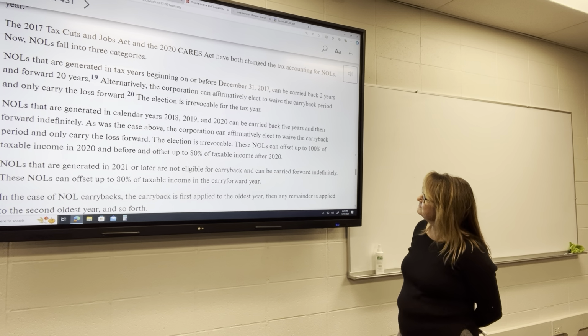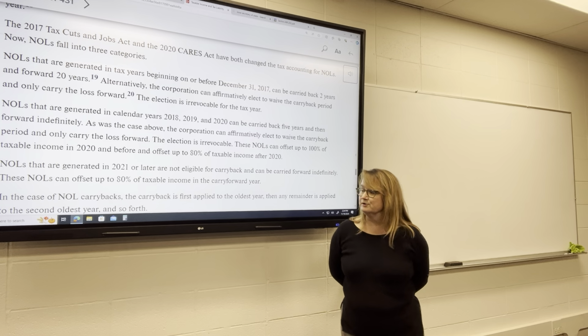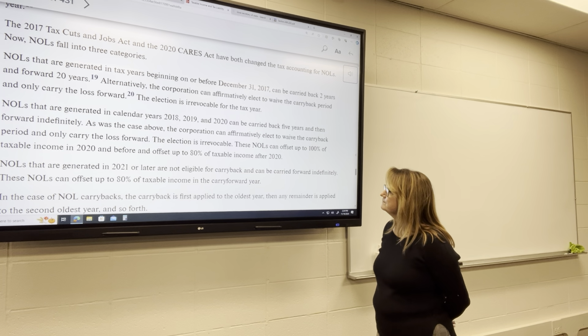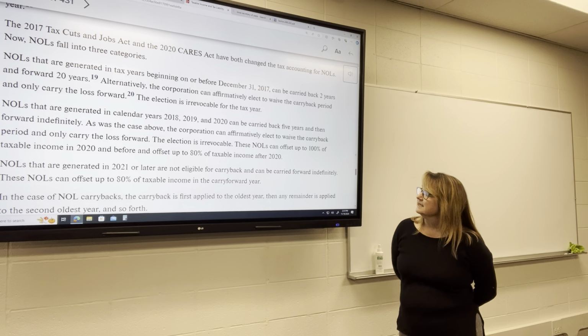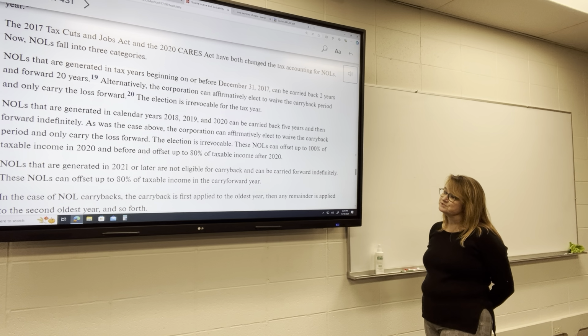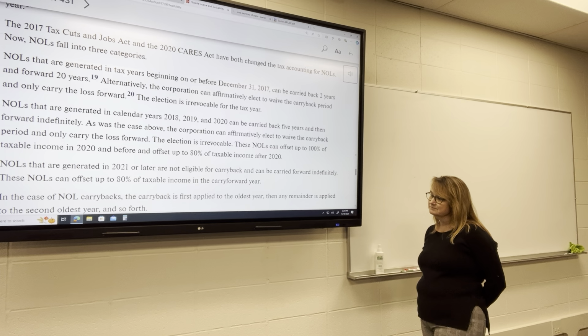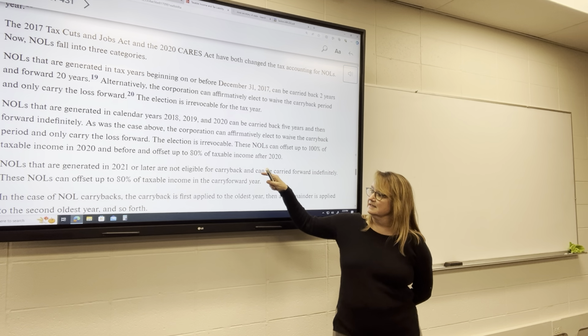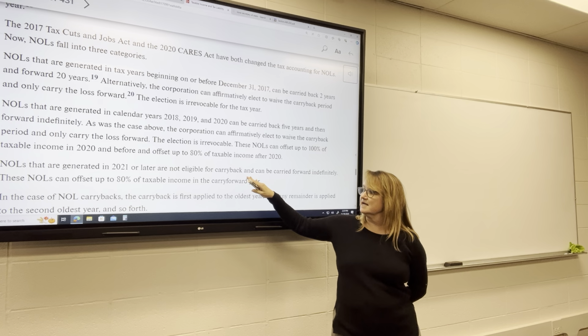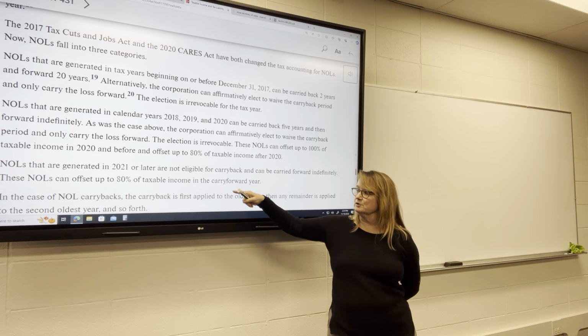And they can affirmatively elect to waive the carryback period and only carry it forward. These NOLs can offset up to 100% of taxable income in 2020 and before. So if you carried it back, it could offset up to 100% of that income.